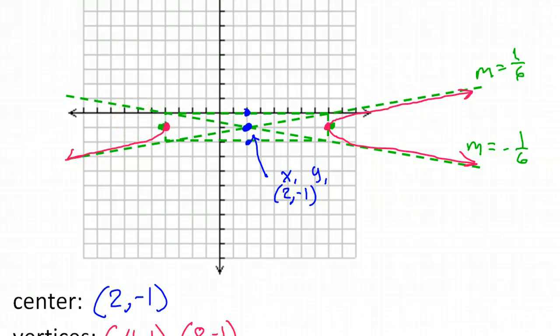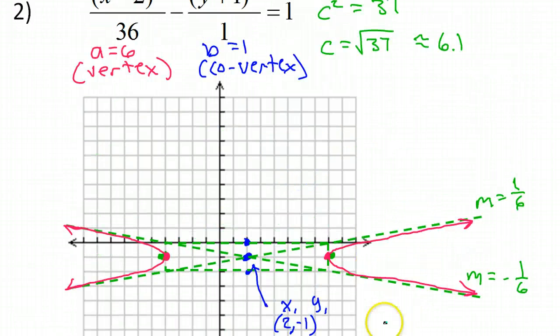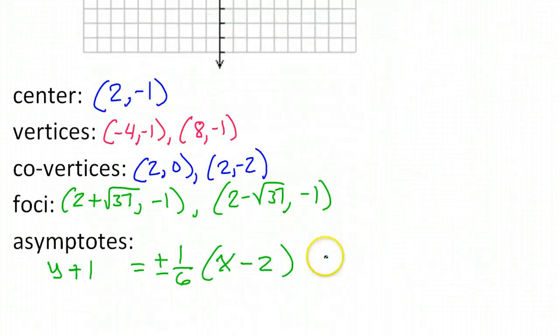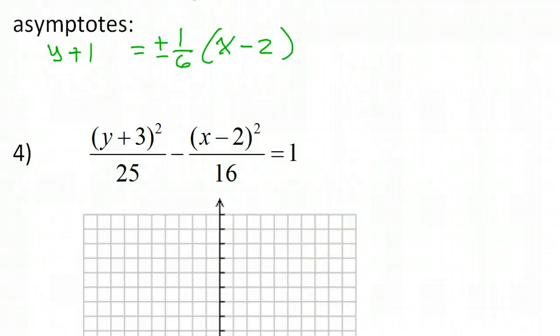See if I can do any better with that one. Okay, so kabam, your graph should look like that. All right, that is it for number 2. Let us move on to number 3.